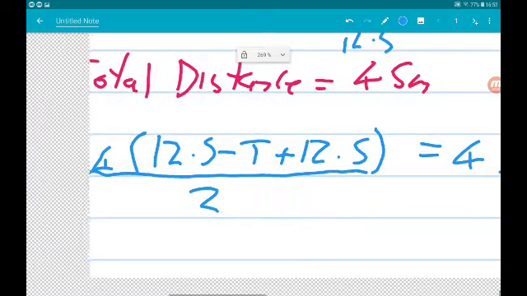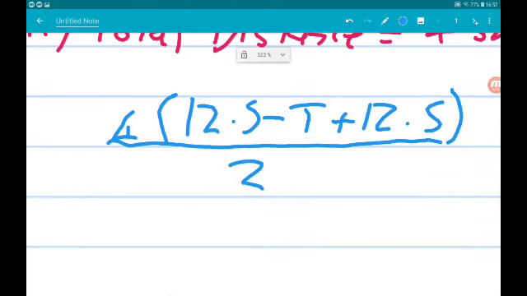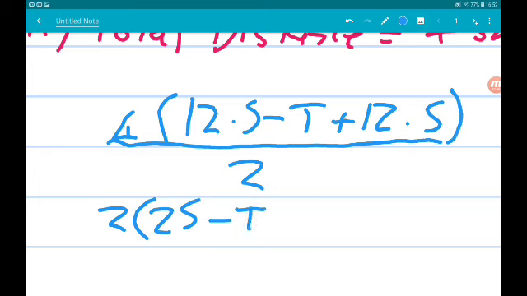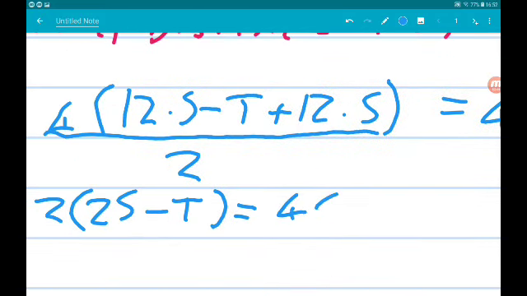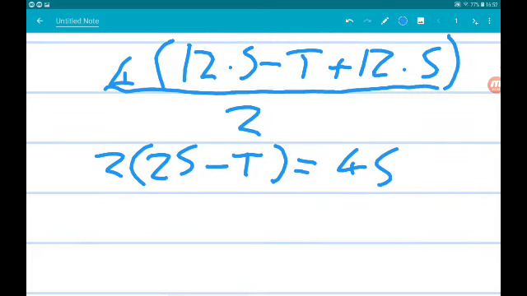Now, on top, 4 divided by 2 is 2, so we got 2 times 12.5 add 12.5 is 25, minus t is equal to 45, so 50 minus 2t is equal to 45.